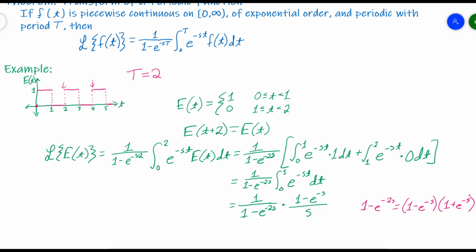It's a difference of squares there. Using that and canceling out 1 minus e to the negative s from the numerator and the denominator, I'm left with 1 over the quantity 1 plus e to the negative s times s. And that's how we take the transform of a periodic function.